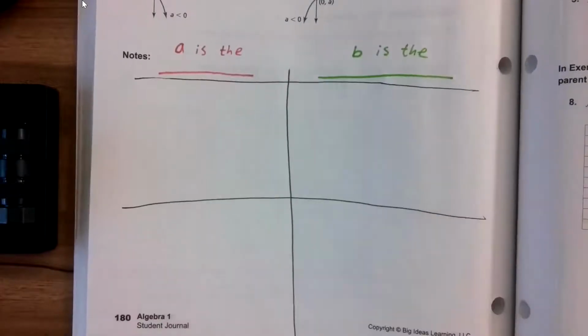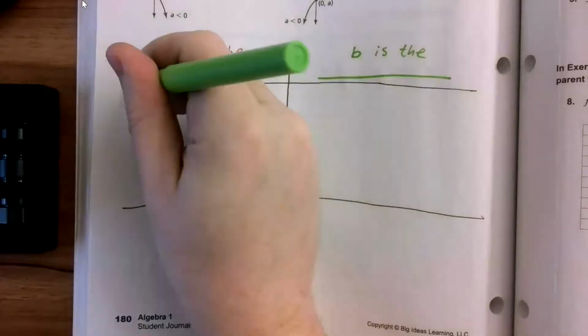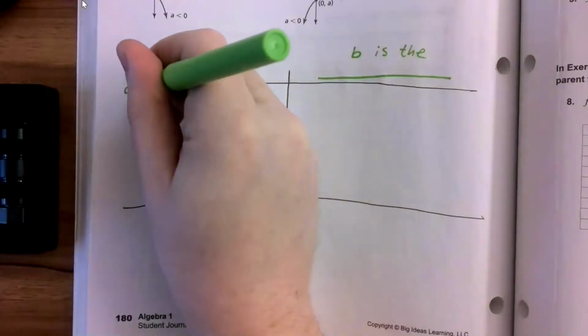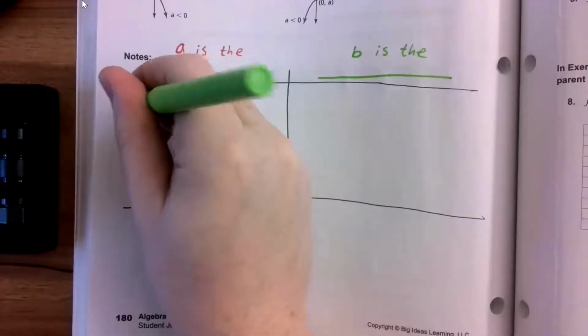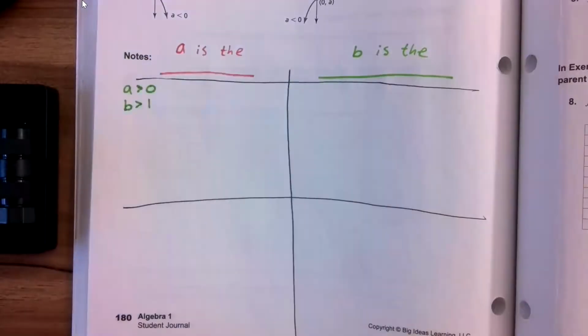In each of the boxes, I want you to copy down the following. And it's very important that you get this exactly as it is written. In the top left box, we're going to see what happens when a is bigger than 0 and b is bigger than 1.